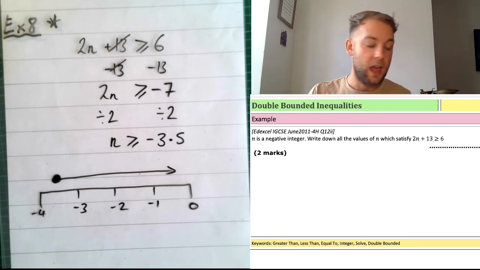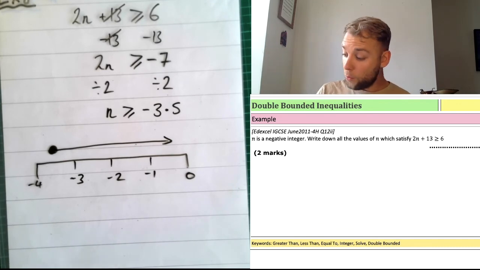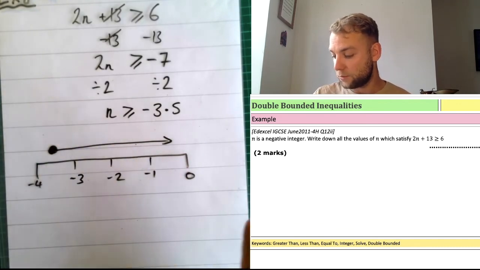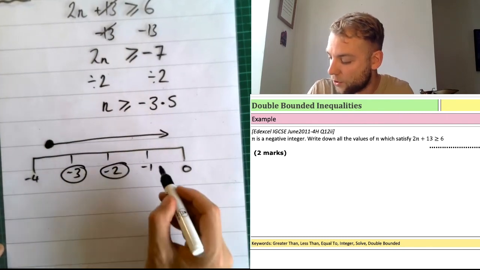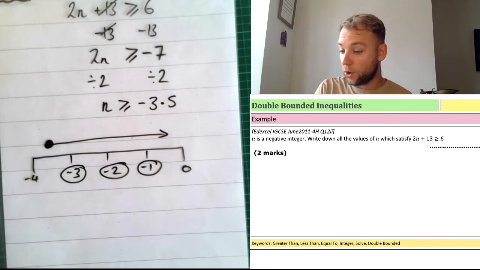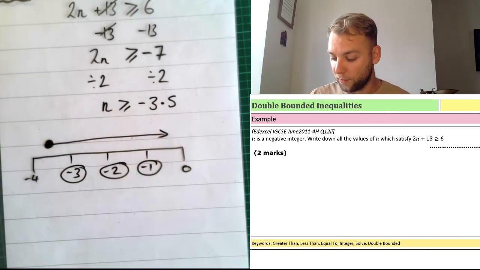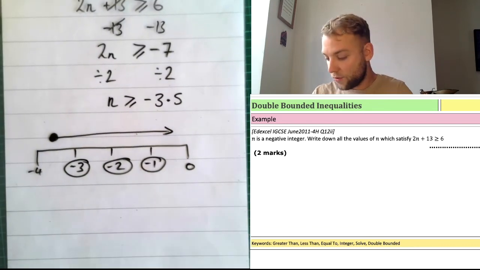So if n is negative, which of these are the negatives I've got? Well, the only ones which are satisfied by this, which are negative, are this negative 3, this negative 2, and this negative 1. Not negative 4, because we're greater than or equal to negative 3.5. So it's only these 3 here. Okay, so they're the ones I'd write.